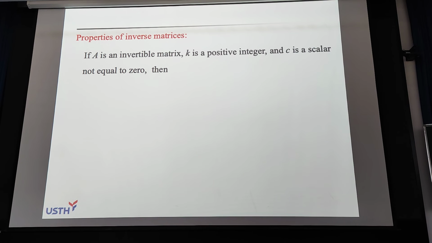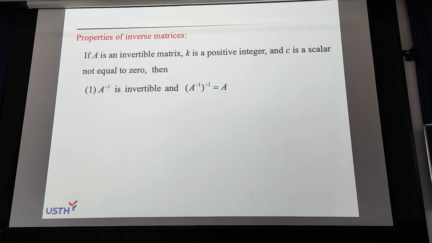Now is a property of inverse matrix. Suppose that A is an invertible matrix and k is a positive integer and c is a number, and I suppose that c is non-zero.